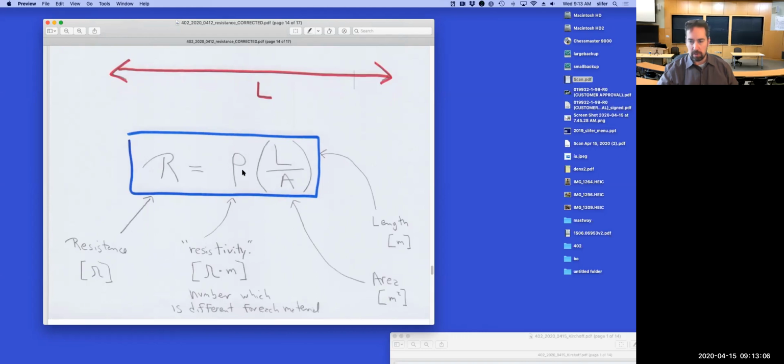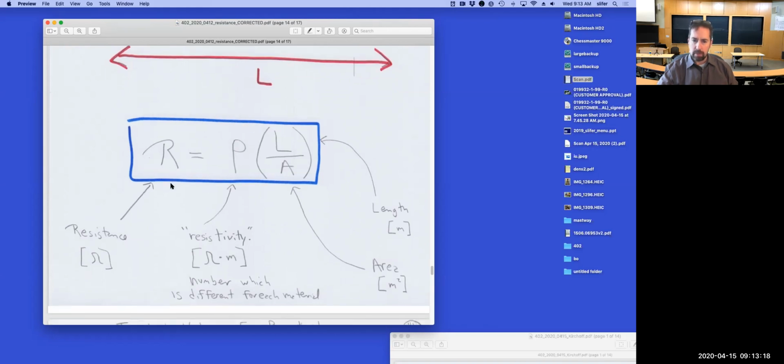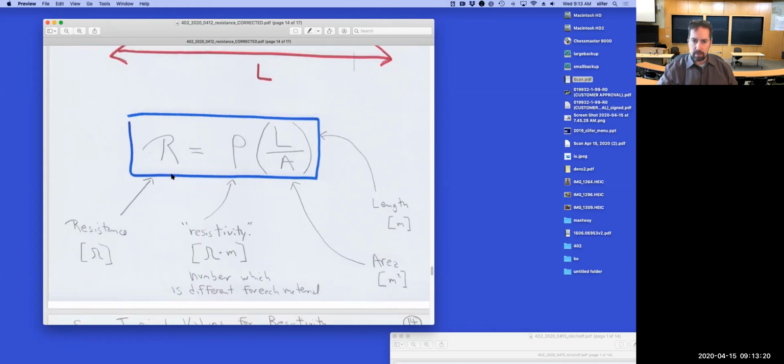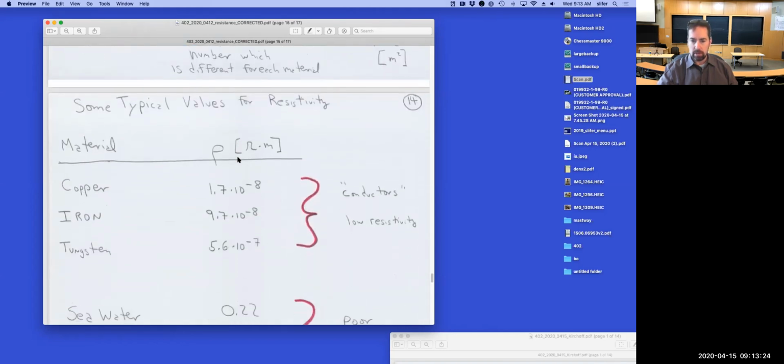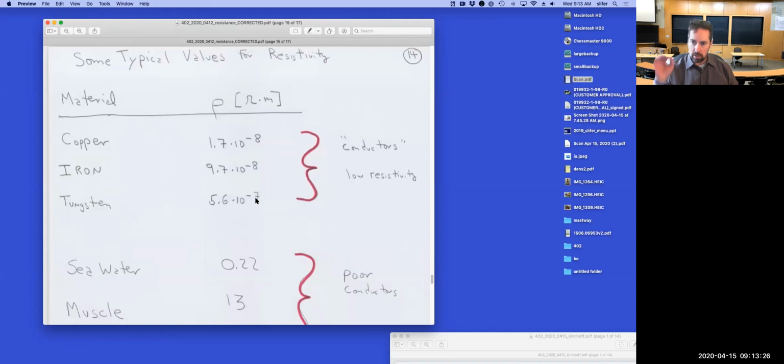It's signified with this small Greek rho, and it has weird units, ohm meters, whereas the resistance has units of ohms. So the resistivity is a specific number for different materials. Copper will have a different resistivity than tungsten, than seawater, than mussel.